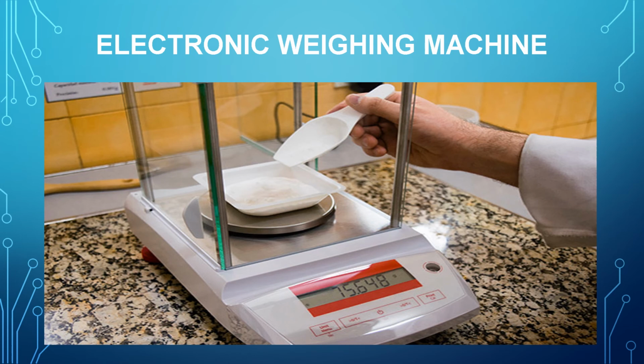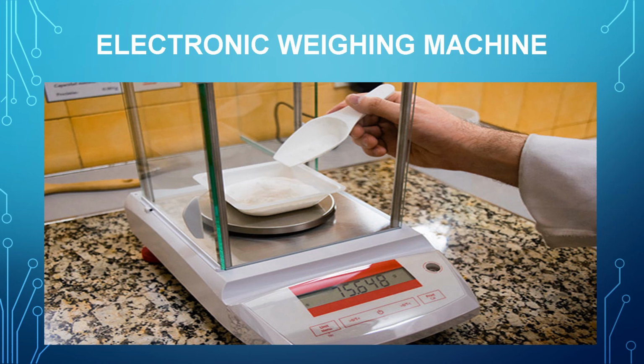Again, nowadays the modern way of measuring mass is by using the electronic weighing machine. You might have seen this electronic weighing machine in many places, in jeweler shops, and in malls to weigh groceries or vegetables. Sometimes even vegetable vendors have this electronic weighing machine. These electronic weighing machines are very accurate.